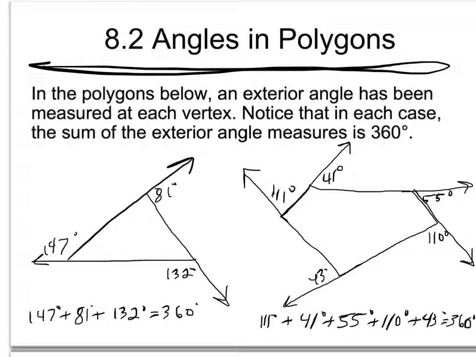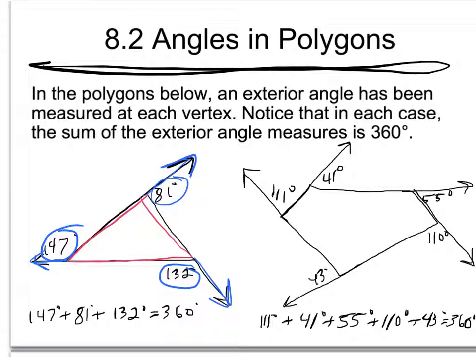Okay, if you look here on this graph, you will notice that we have our initial triangle, and you will also notice that we have an extended side. Each extended side gives us an angle measure. That's going to be known as your exterior angles, the angles on the outside of each vertex.